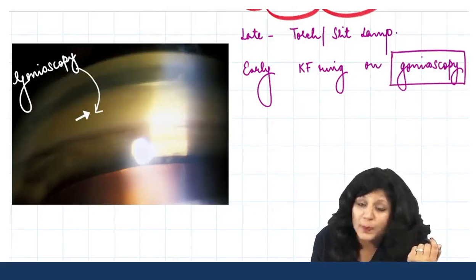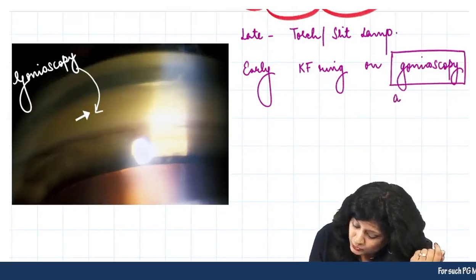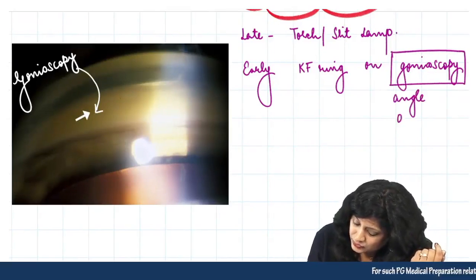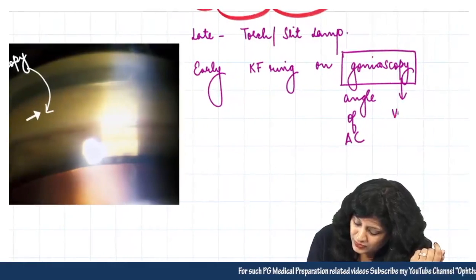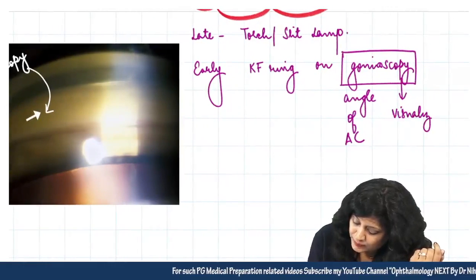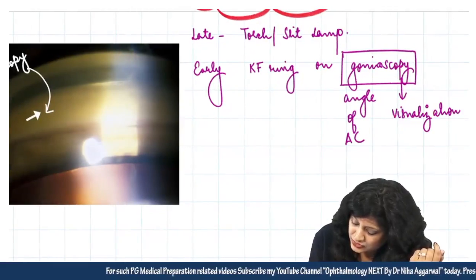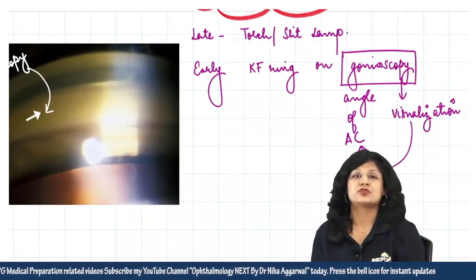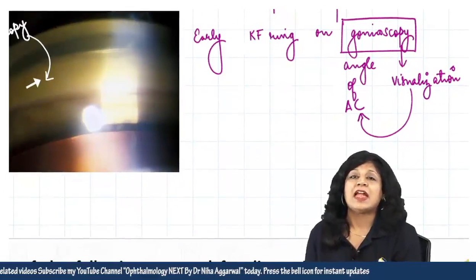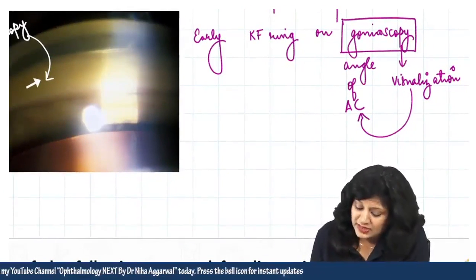What is gonioscopy? Gonio means angle, so angle of anterior chamber, and scopy means the visualization. So visualization of the angle of anterior chamber is called gonioscopy. And do you know what structures are visible in the angle of anterior chamber?